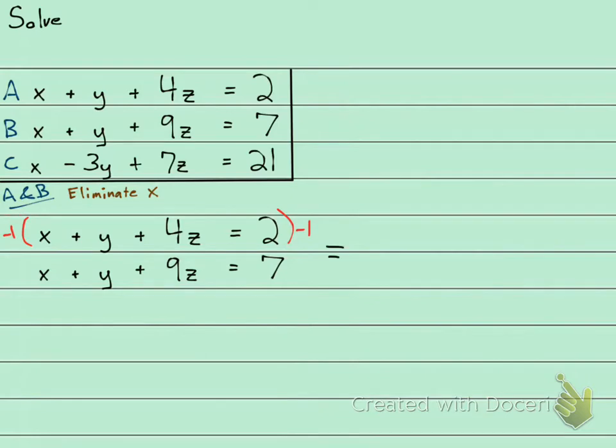So let me move my system over here. I have a negative 1x, then a negative 1y, and then minus 4z, and that's going to equal a negative 2.